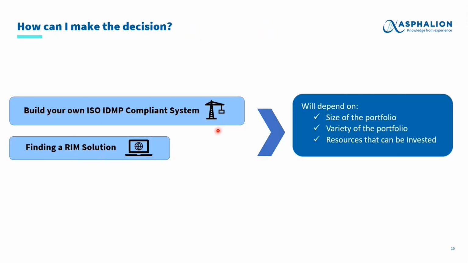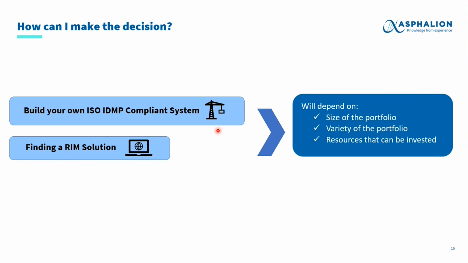But the main factors that are important when making this decision are the size of the portfolio and the variety of the portfolio, because if we have different types of medicinal products, they can be subject to different types of regulations. So we need to take into account that our system has to be mindful of that. And then how many resources can be invested in this type of project.